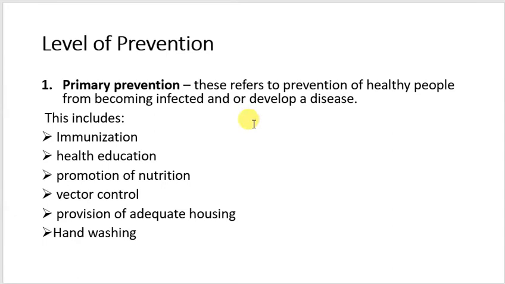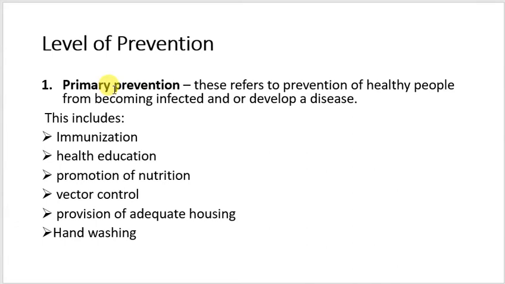So when talking about prevention, we tend to divide into levels. First level is primary prevention. Second level is secondary prevention. And the third level is tertiary prevention. In each level of prevention, we do different things.